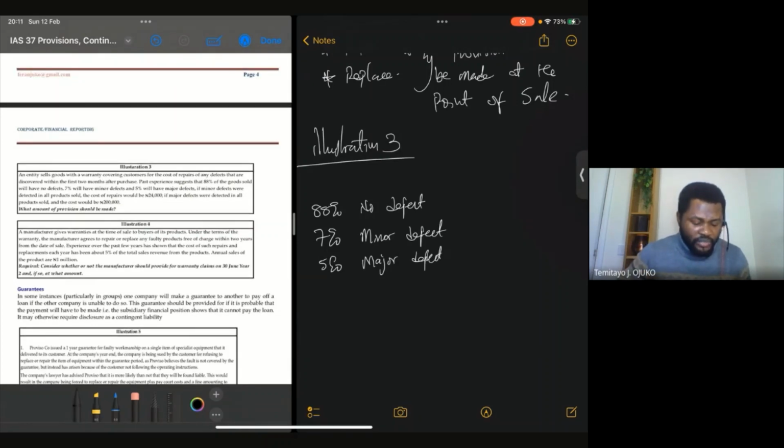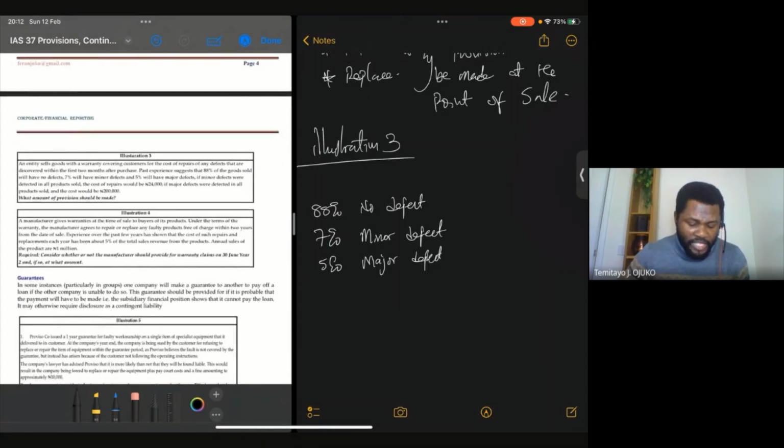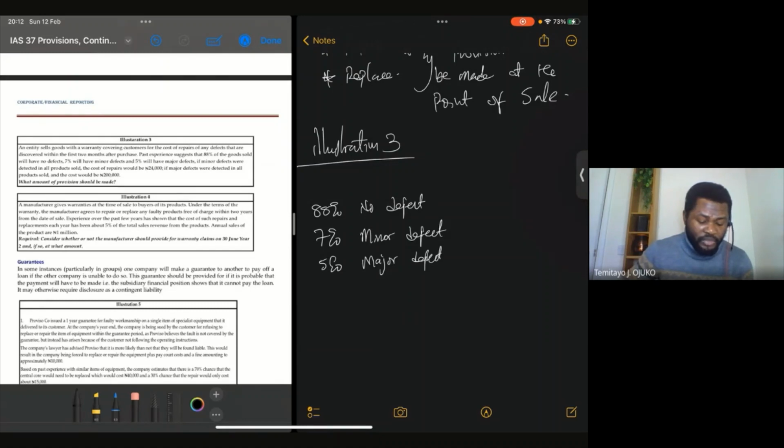An entity sells goods with a warranty covering the cost of repairs of any defects that are discovered within the first 2 months. Past experience suggests that 88% of the goods sold will have no defect, while 7% will have minor defect, and 5% will have a major defect.